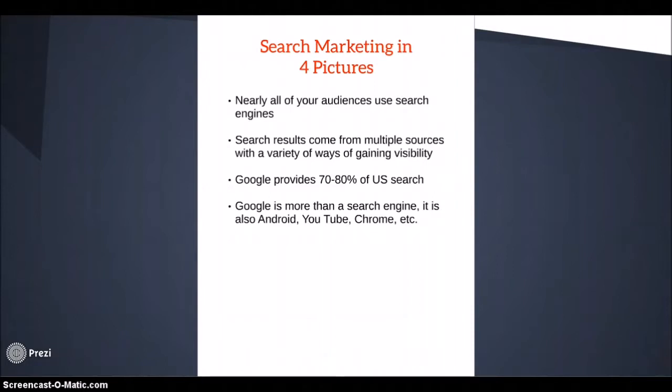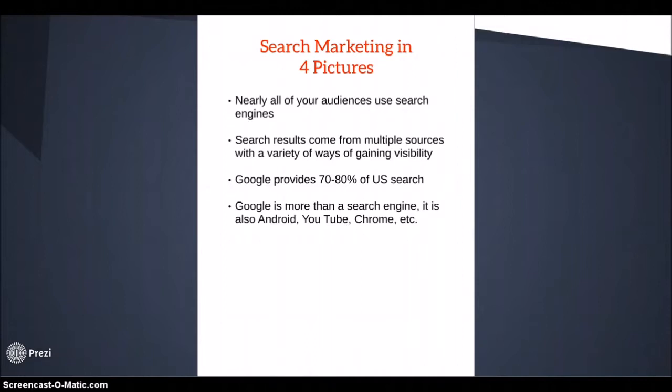We know that Google results come from a multiple variety of sources, and that the way that you gain visibility is different for each of those different areas. We learned that Google provides between 70 to 80% of all U.S. search, about 90% of global search. So if there's anybody that you want to keep happy, it's going to be Google. Google is obviously much more than just a search engine.